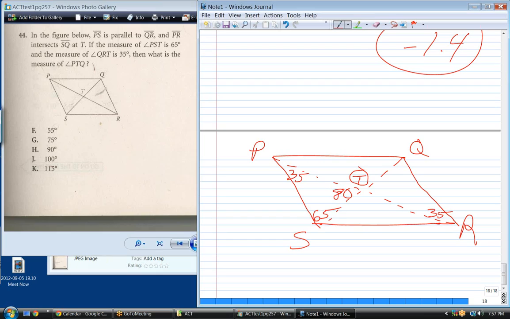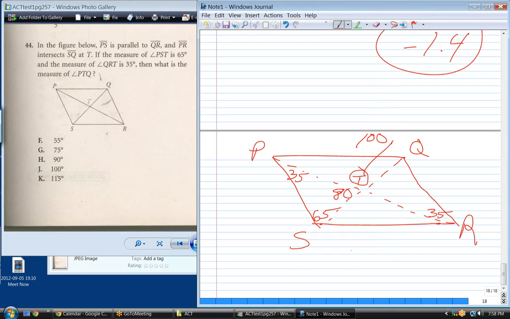Now that you know that angle, what is angle T or PTQ? PTQ would have to be 100, because it has to be supplementary with 80. So that's equal to 100, to equal the 180. Okay, so the answer is J.